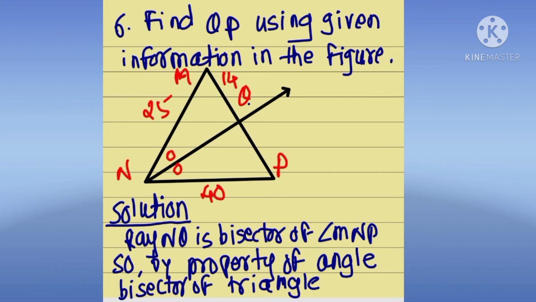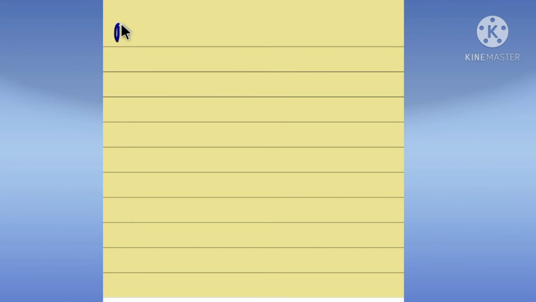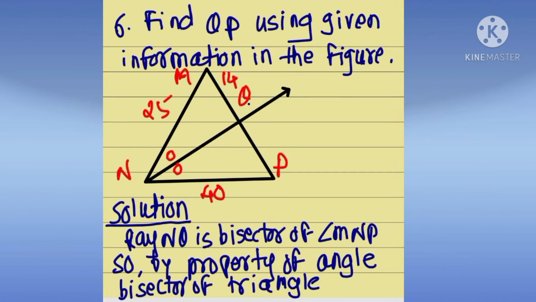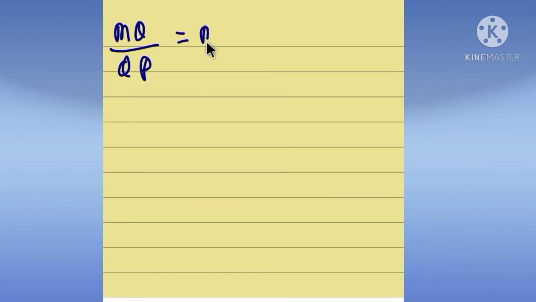What is the property of angle bisector of a triangle? Angle bisector divides opposite side in the ratio of remaining two sides. That means MQ upon QP is equal to MN upon NP. Now substitute the values of MQ, QP, MN, NP.